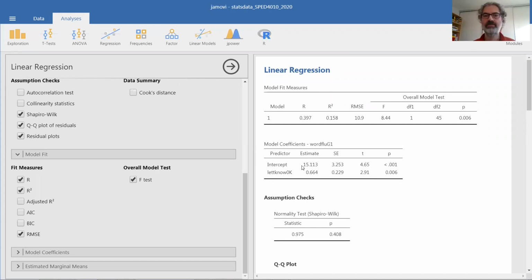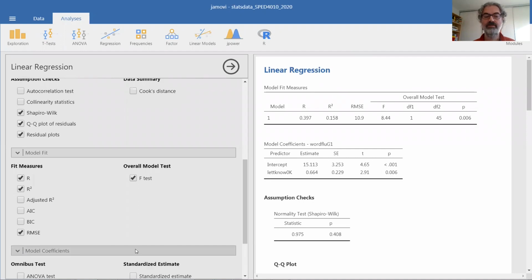An additional piece of information that is often useful is the standardized coefficient. The standardized estimate for the coefficient under the model coefficients menu gives us 0.397. What is the standardized estimate? It's the slope for the standardized variables.